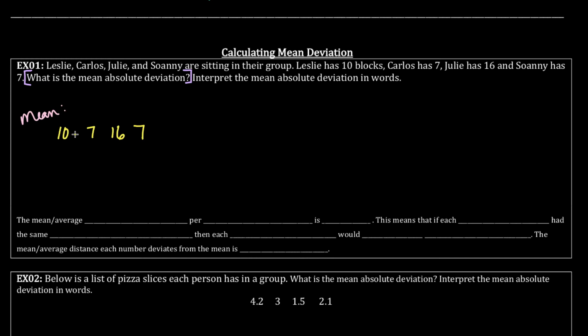I'm going to add all these together, and I get 40 total blocks. Then I'm going to divide it by how many people I have, and I get 10 blocks per person.